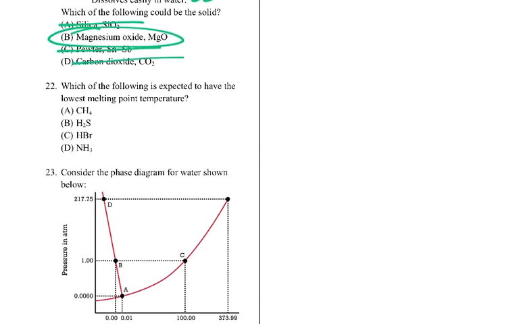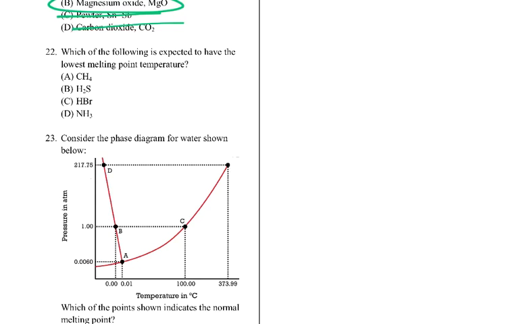Which of the following is expected to have the lowest melting point temperature? So if we're talking about pure substances, we want to look at LDFs. So intermolecular forces, so that's LDF. H2S, that's going to be slightly dipole-dipole. HBr, that would be a dipole-dipole, and LDFs would actually be pretty important in that. NH3, that's going to have hydrogen bonding.